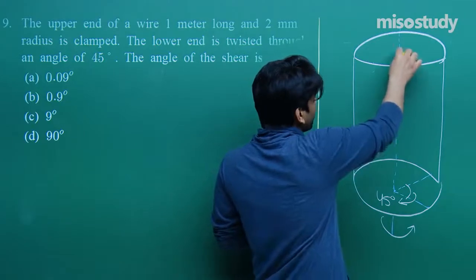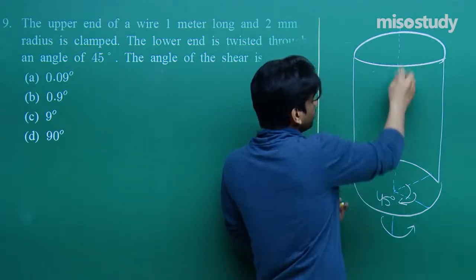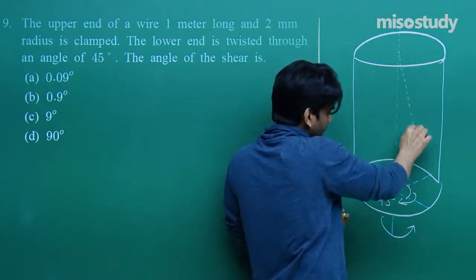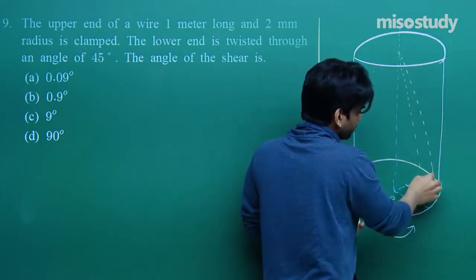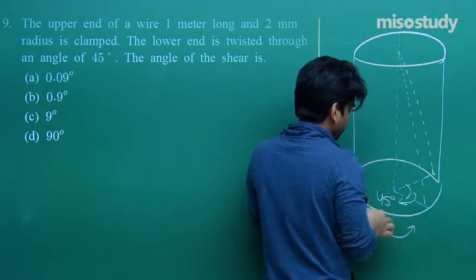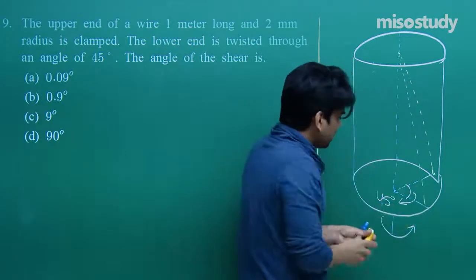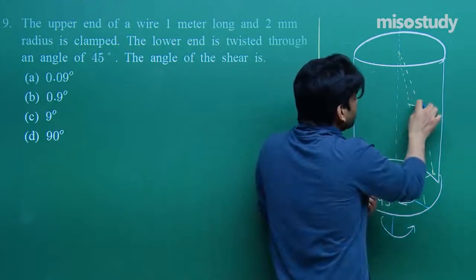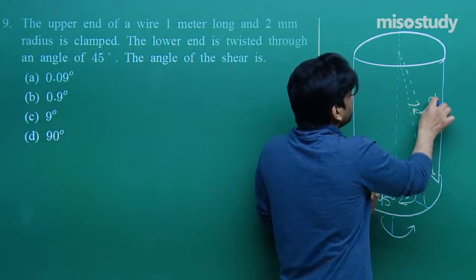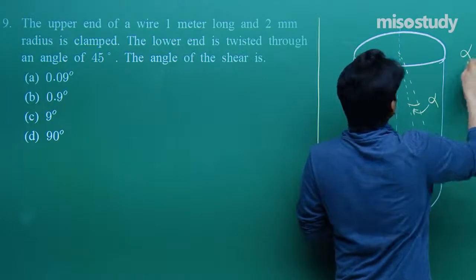Now try to understand, if you join the upper end with both parts of the lower end, one here and one here, then when you are twisting, this is the angle of twist, that is 45 degree. This will be the angle of shear, let's call it alpha. So alpha is the angle of shear that we need to evaluate.